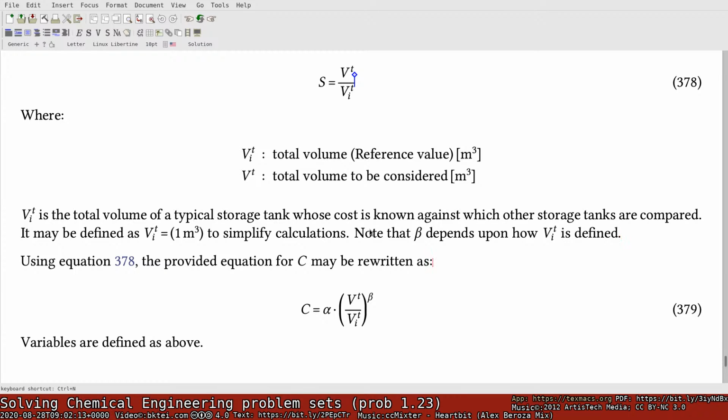But we don't have any data for betas to work with, so we'll just go ahead and work with this definition.